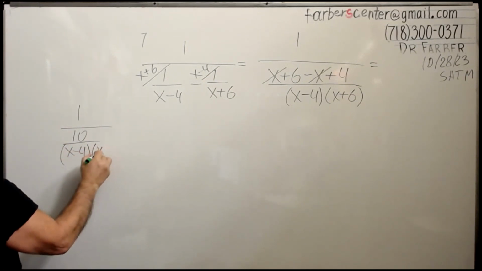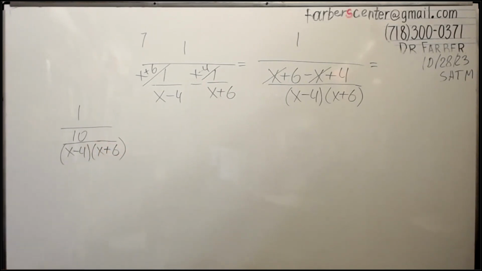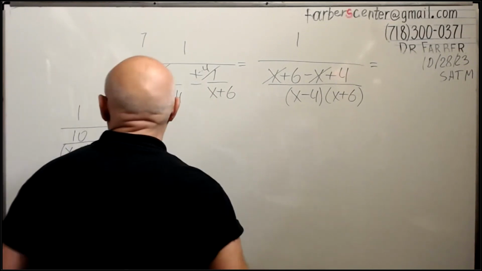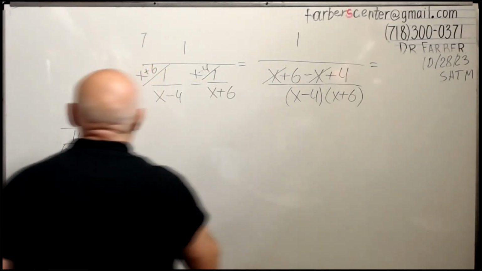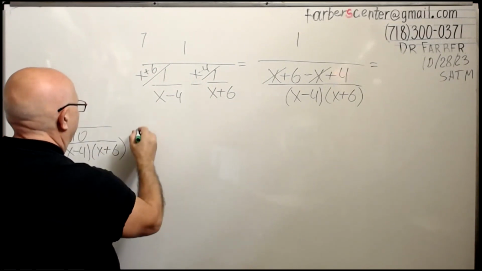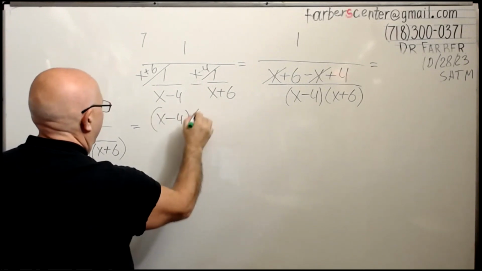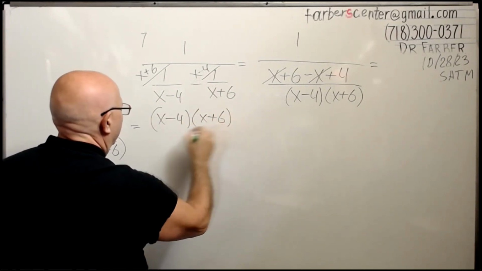You don't need so much help. Now, how do you divide two fractions? Keep, change, flip. It means this multiplied by upside down. It is the same: x minus 4 times x plus 6 divided by 10.